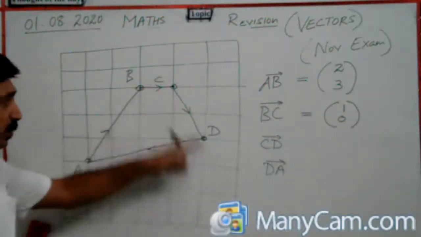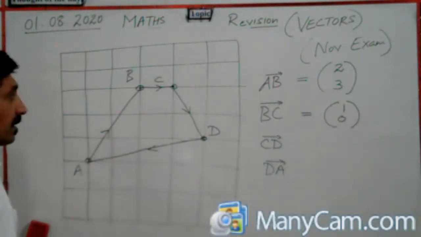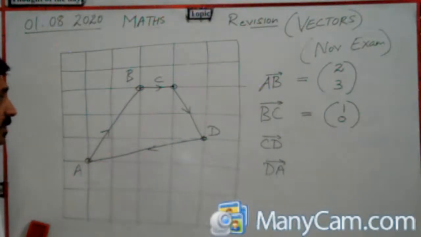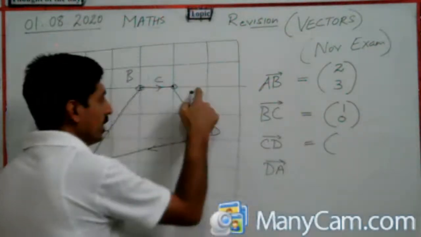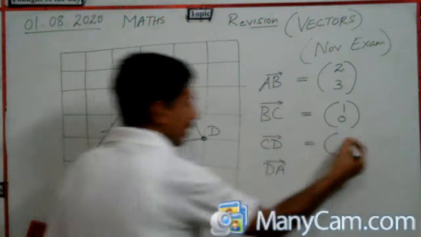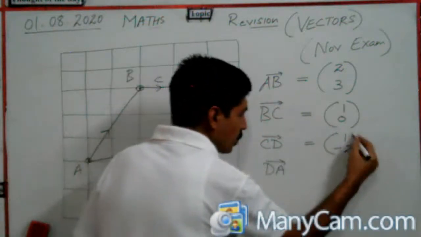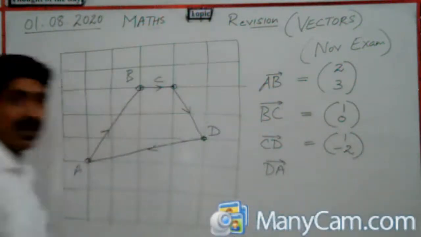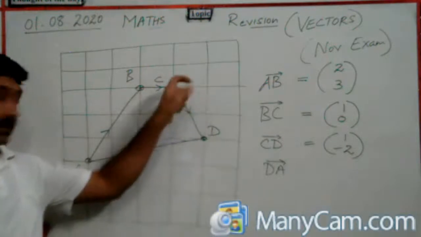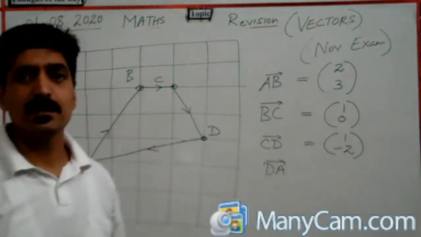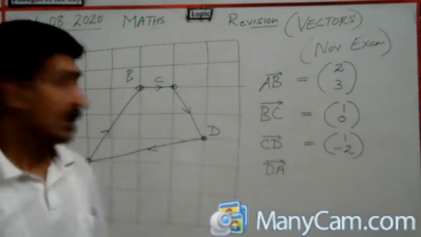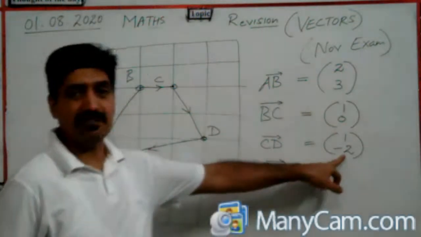Now C to D, what is x? That is 1 and minus 2. When there is movement along the y-axis downwards, this component will be negative here.